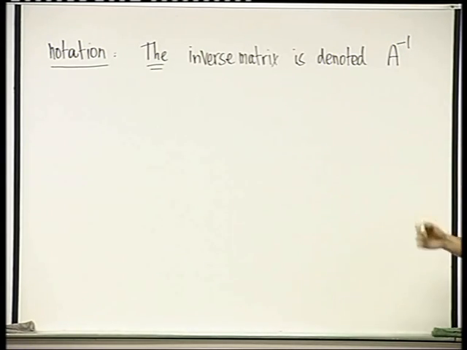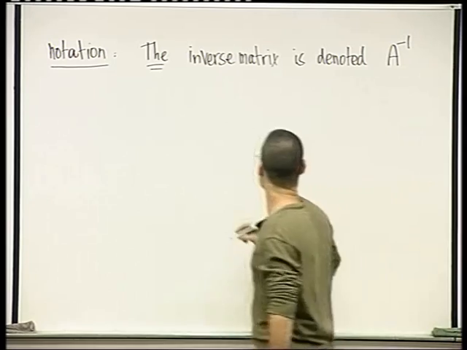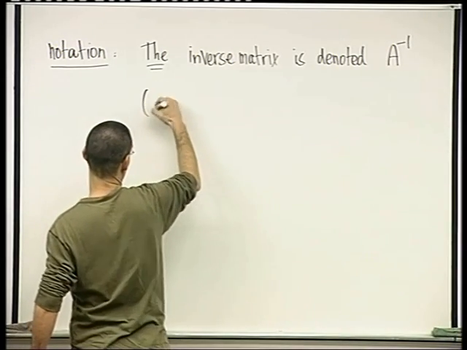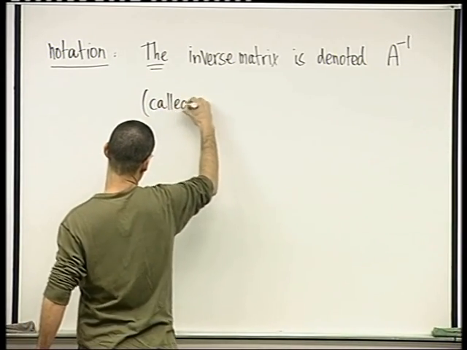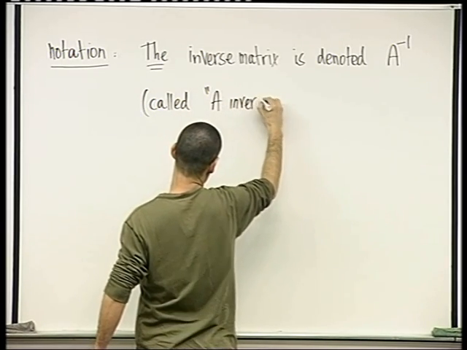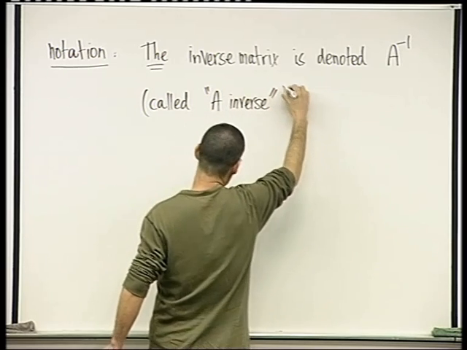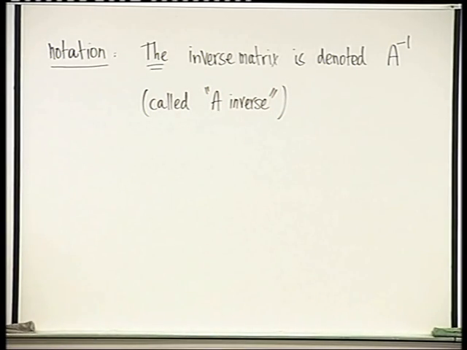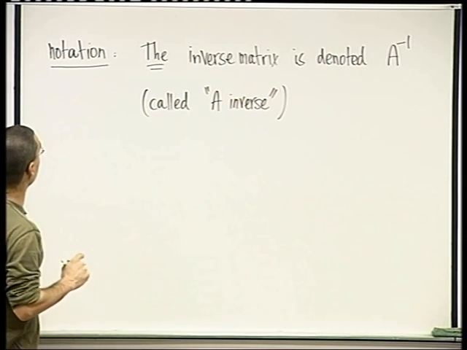And it's called A inverse, or the inverse matrix of A. Okay, so that's that B. Okay, let's do some examples.